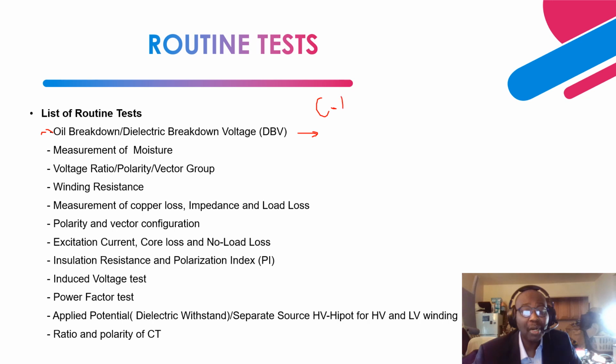When you collect the oil samples, you have to take note of the top oil temperature. You also want to take note of the winding temperature, which is basically the hotspot temperature, the ambient temperature, and the humidity level.